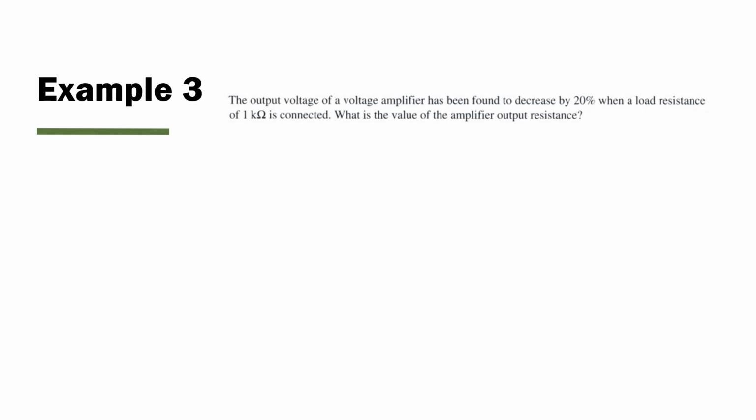Let's solve example 3. The output voltage of a voltage amplifier has been found to decrease by 20% when a load resistance of 1 kilo ohm is connected. What is the value of the amplifier output resistance, or RO? Okay, so we know that the output voltage given an open circuit is equal to the open circuit amplification multiplied by the input voltage.